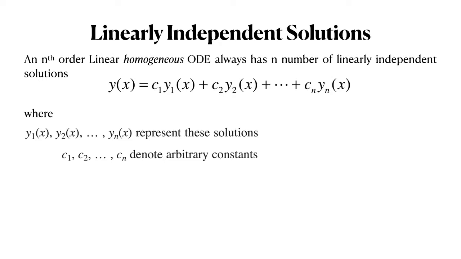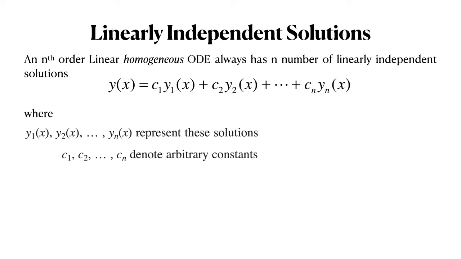What we mean by linearly independent is that each of them individually is in itself already a solution to our differential equation. So, c1y1 of x alone is already a solution. Okay? If it is the sum of c1y1 of x and c2y2 of x, those two together are also a solution to our third-order differential equation.